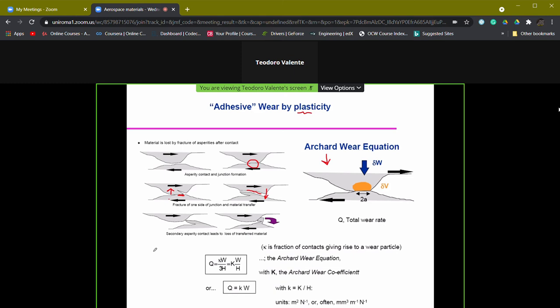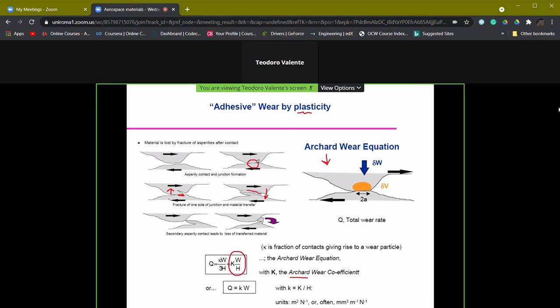And the final formula, which is important for us, is the Harshad formula, defined generally like in this red circle. But before discussing this, first question: can we have the formation of micro welding independently from the classes to which the material belongs?